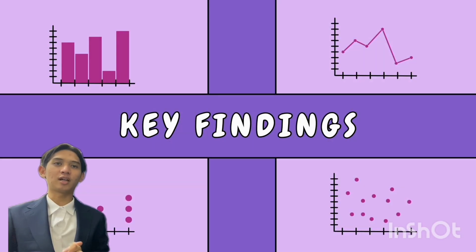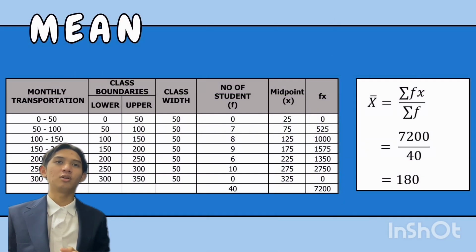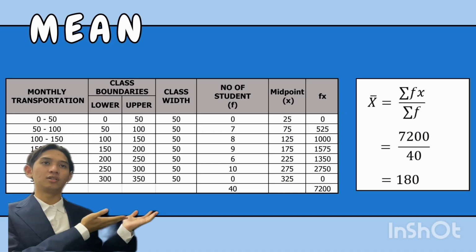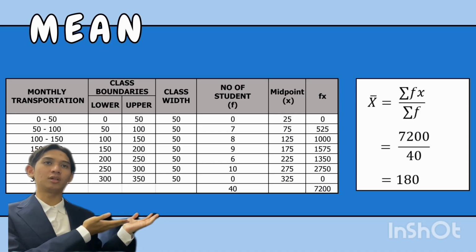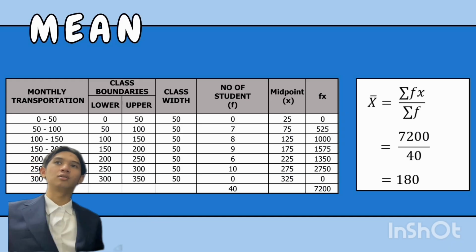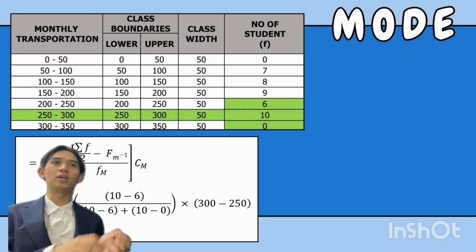We will show you the calculation of key findings. Let's continue with the mean first. We take the numbers from the table: 7,200 divided by 40 equals 180. Next, let's continue with the mode.